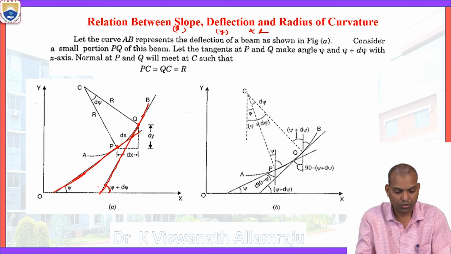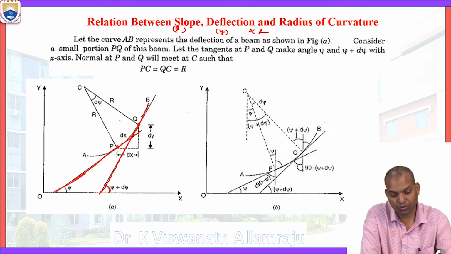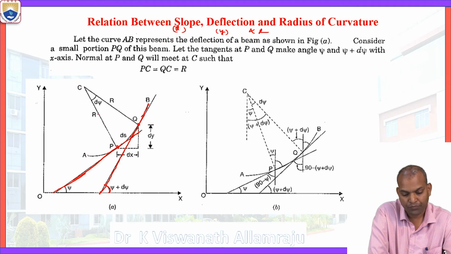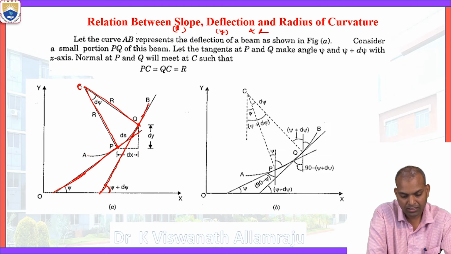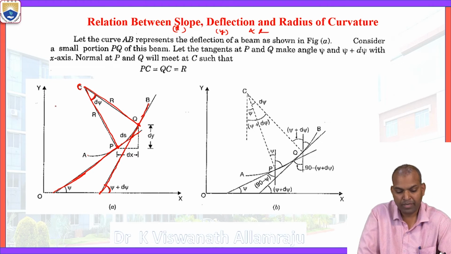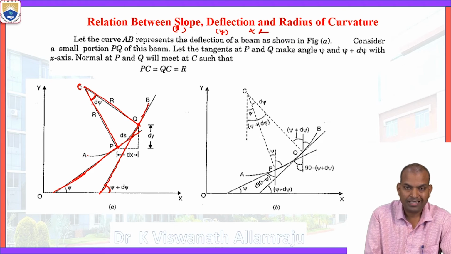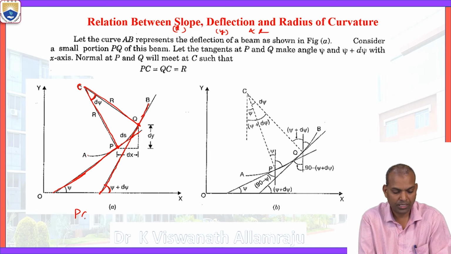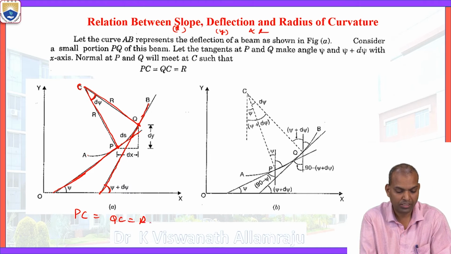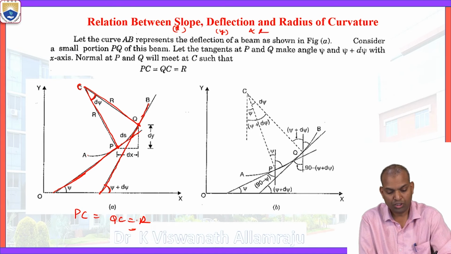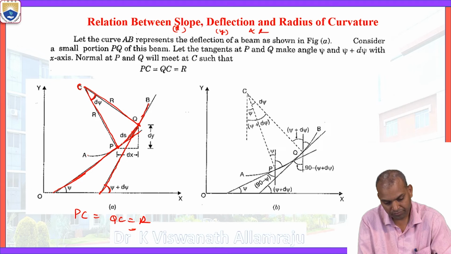We have also drawn normals to these tangents at P and Q, intersecting at point C. The angle between these two normals is d psi. Now the radius PC equal to QC, that equals the radius of curvature R. This PQ portion is ds.